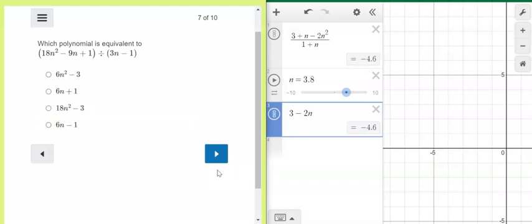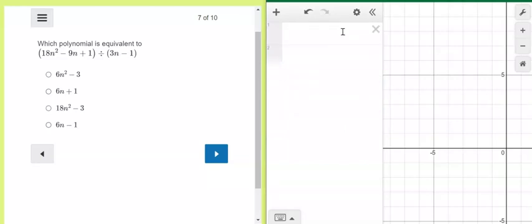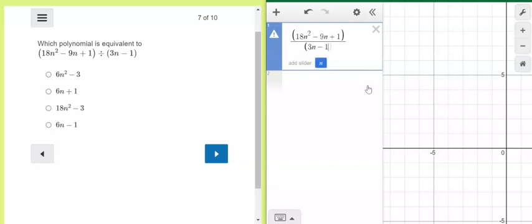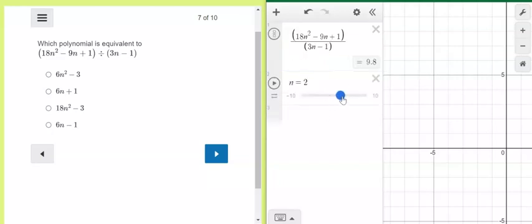So which polynomial is equivalent? Same pattern here, it's just that whenever you see the division, you're just dividing here. I'll show you what I mean. And then divide in Desmos is just gonna put it in the denominator. That's totally fine. And then plug in some numbers, and then go from there.